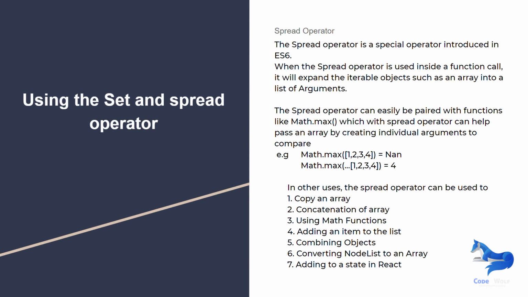There are some other examples as well, and we would definitely cover them when we get to the spread operator. The spread operator is just three simple dots present before an array, or any iterable object, that helps us to do these functions.